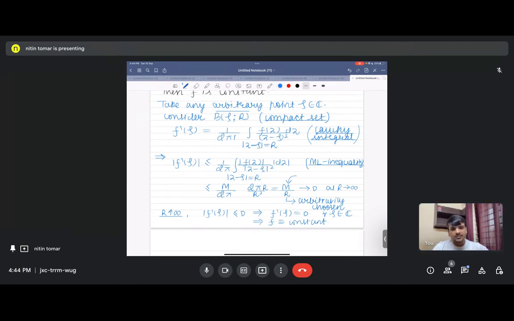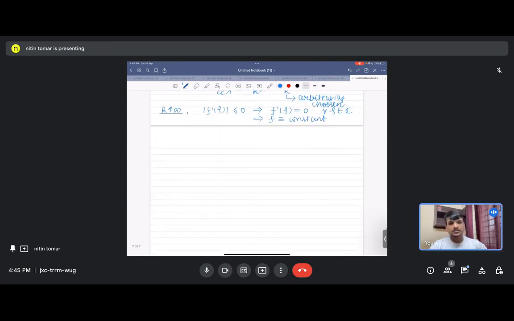If this M is not uniform, in the sense that it changes with R, then the numerator will also change here, right? Then we cannot say it goes to 0. Yes or no? Yes, sir. So M is fixed.